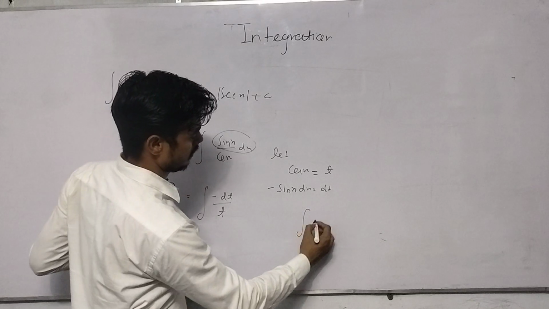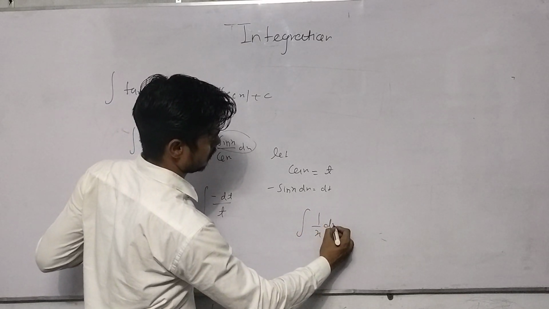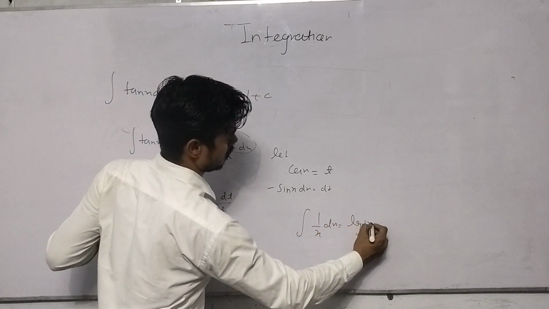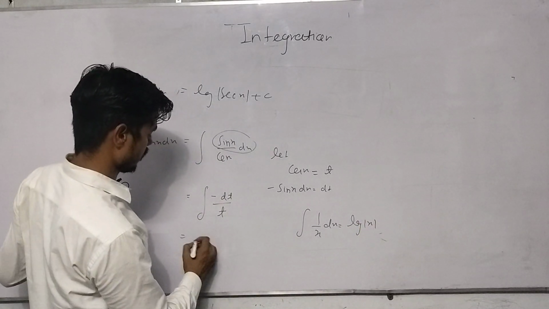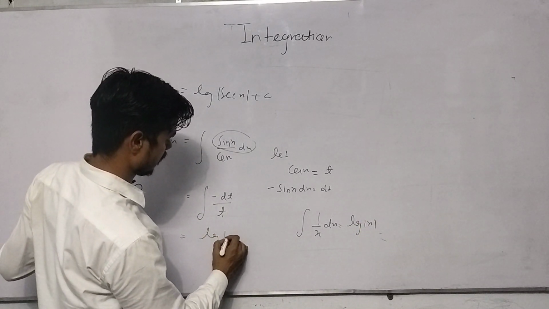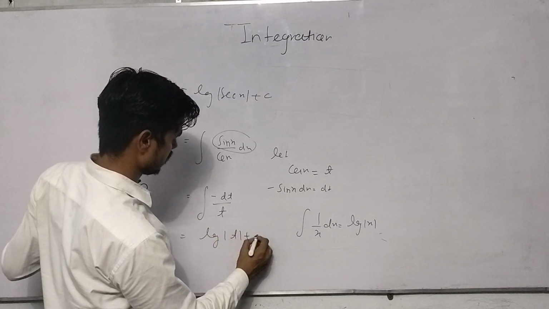You know the integration of 1 upon x dx is log mod x, so it is minus log t plus c.